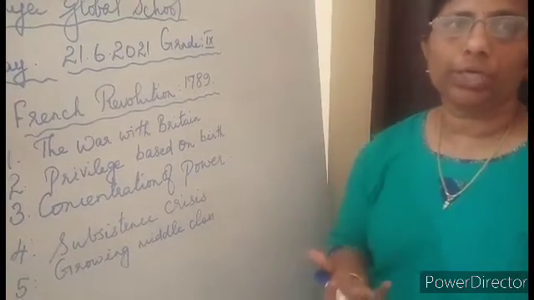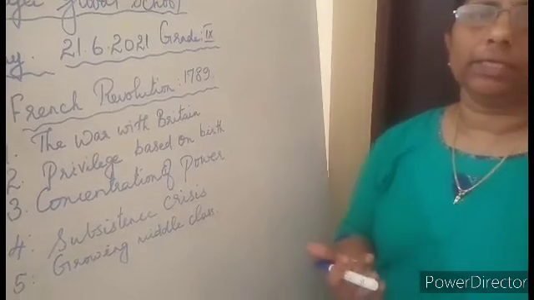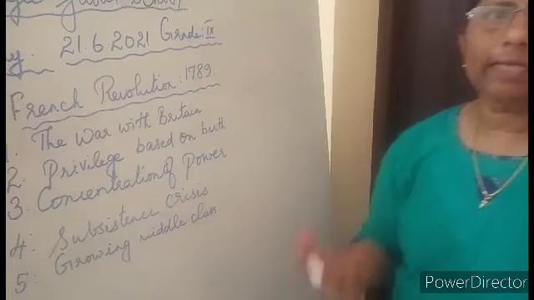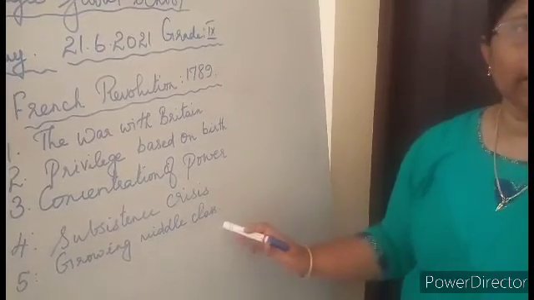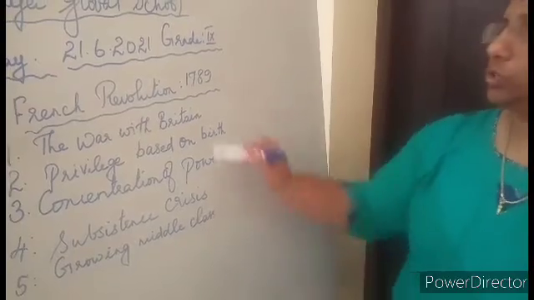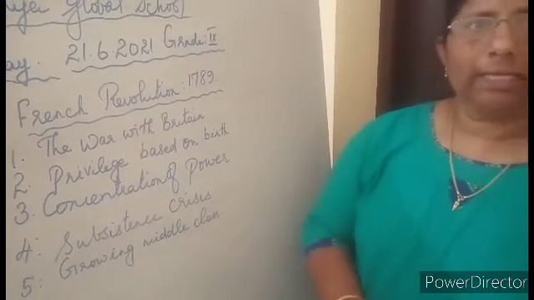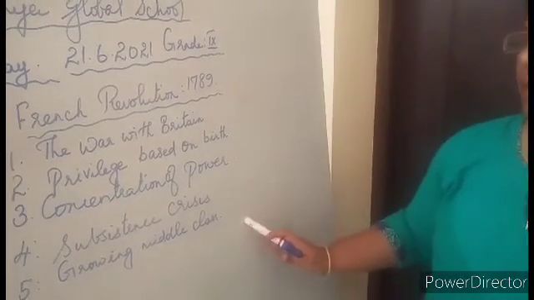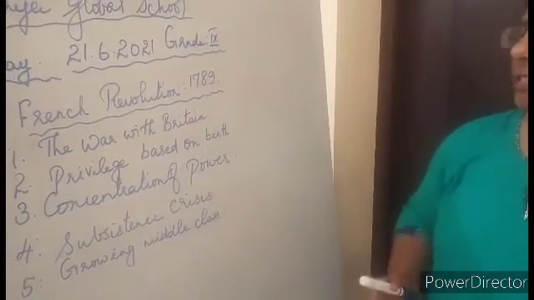When they got education, they began to think and understand what was happening in different parts of the world. So the rise of the growing middle class is the real reason behind the French Revolution, which took place in the year 1789. So these are the 5 reasons that led to the revolt of 1789.